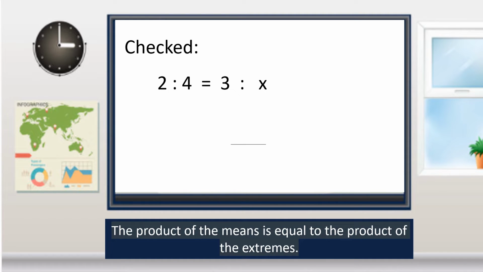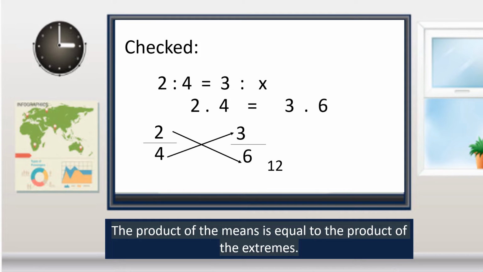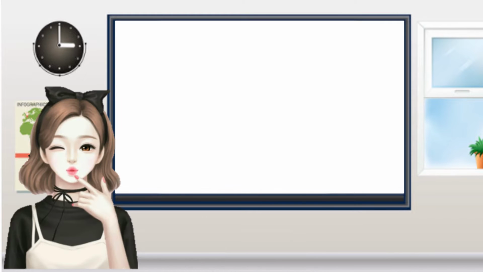The product of the means is equal to the product of the extremes. So thus 2/4 and 3/6 is equal, 2 times 6 is 12, and 3 times 4 is also 12. So our answer is correct.